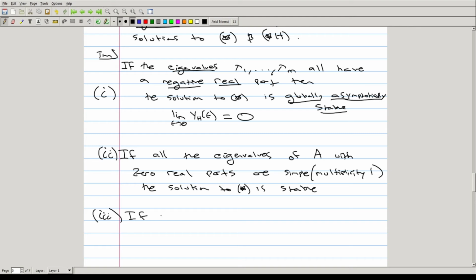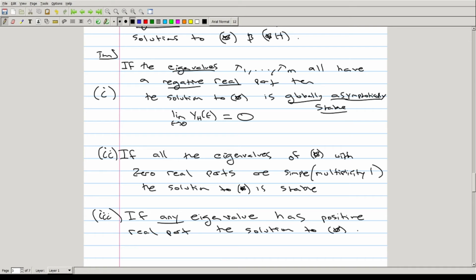If the eigenvalues of star, I should say very clearly, if any eigenvalue has positive real part, the solution to star is unstable.